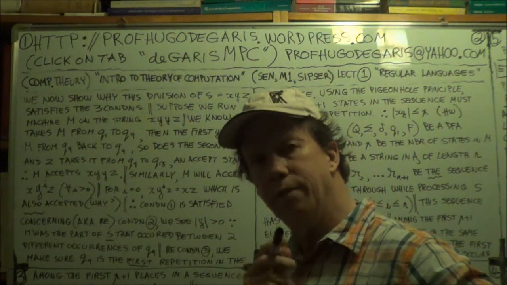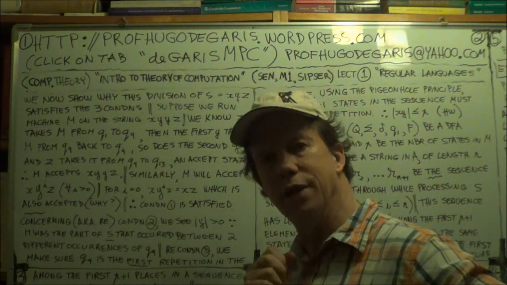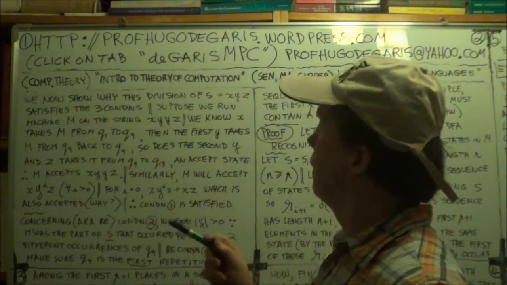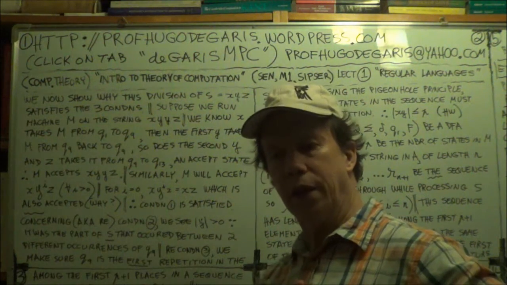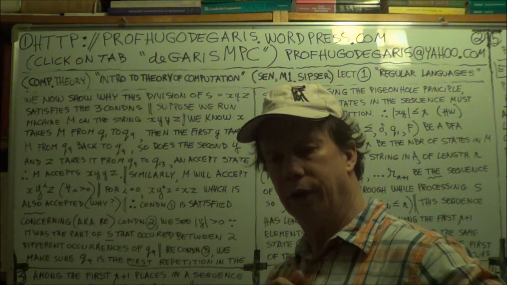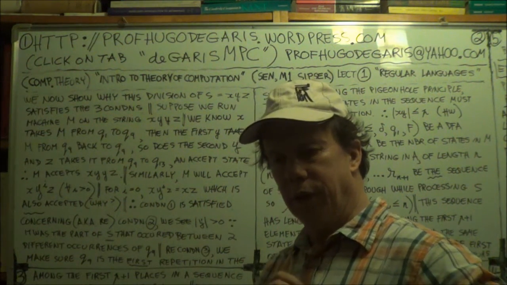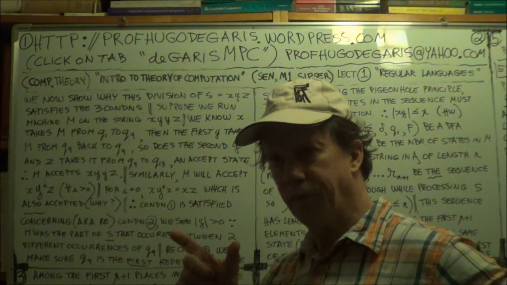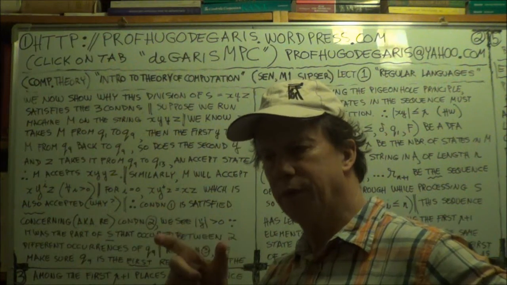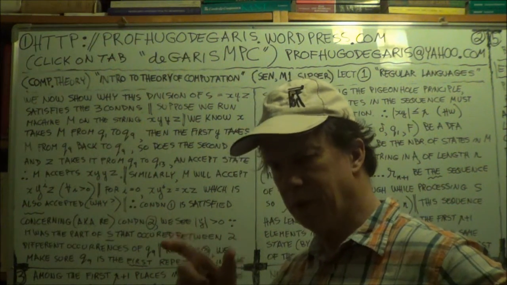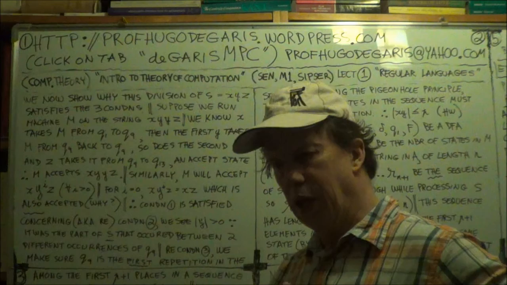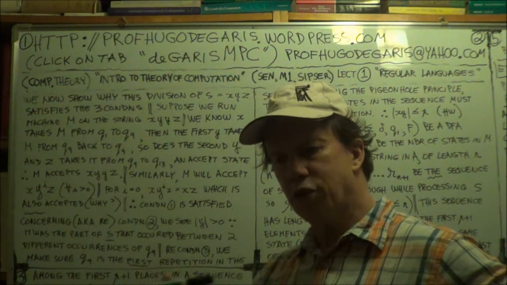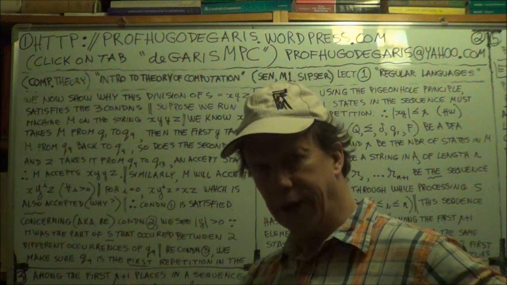We let little p be equal to the number of states in the machine, right? We input an input string of length n, little n.